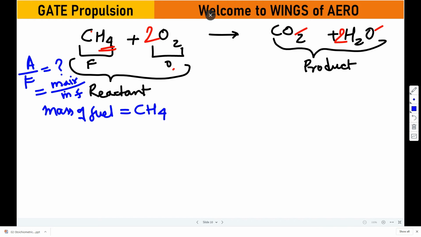To find the mass, first we have to find how much amount of mole.